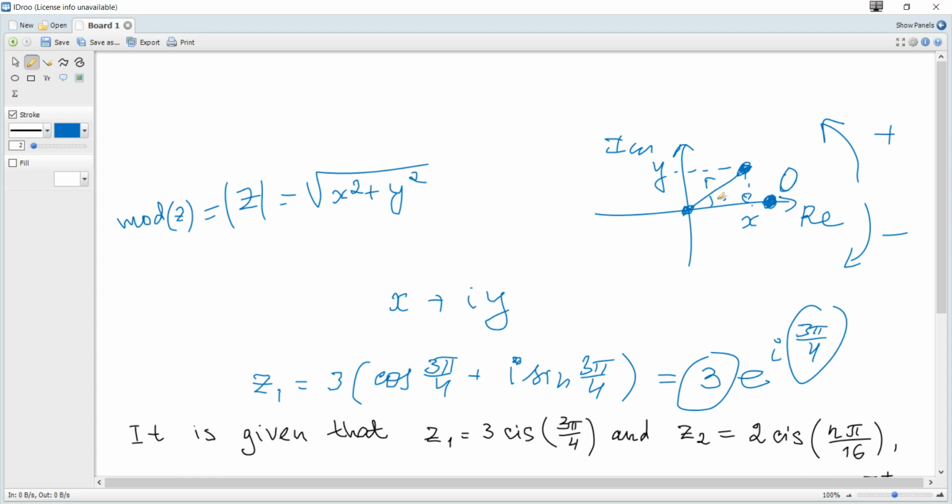You can find the small angle from tangent, for example, tangent of this angle is y over x, and you can see 0 is here, so the argument is directly this angle.